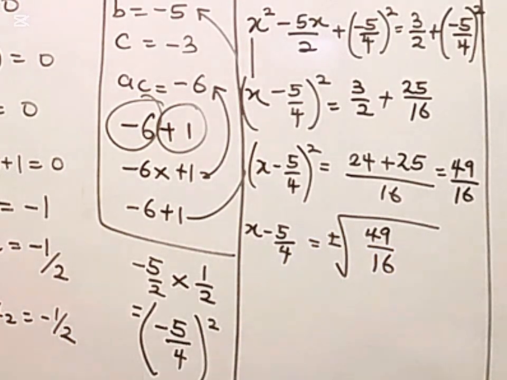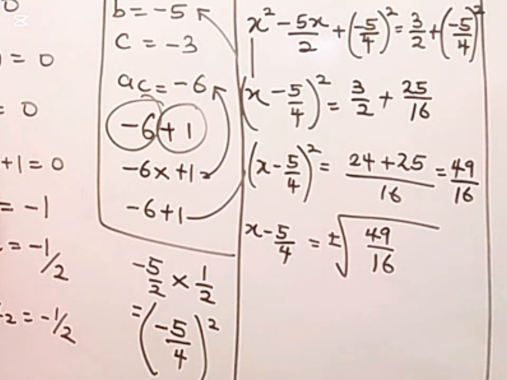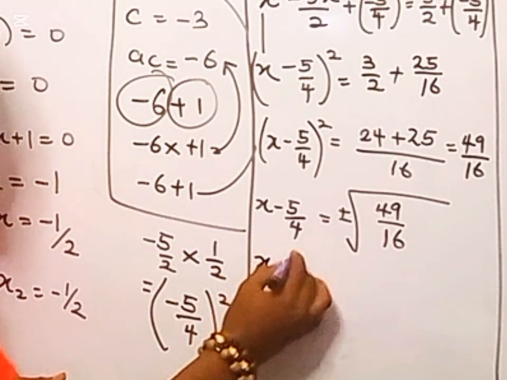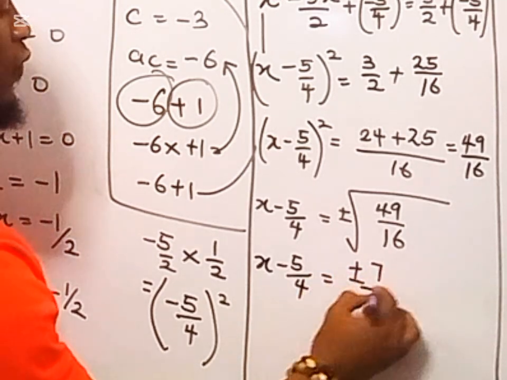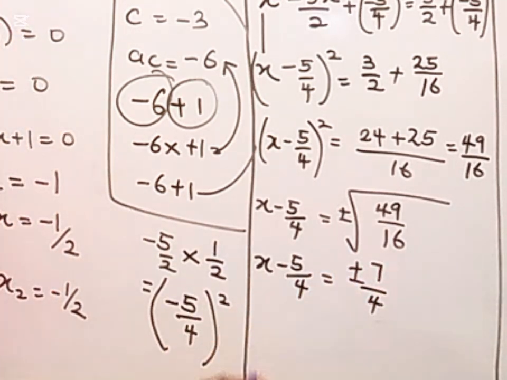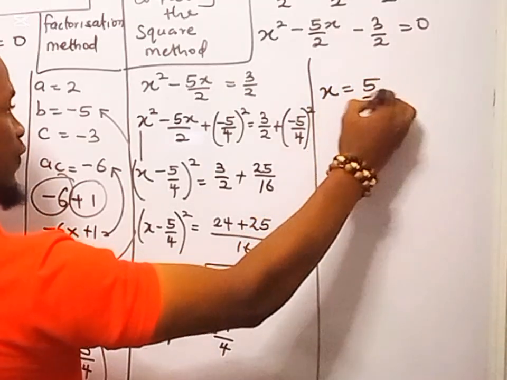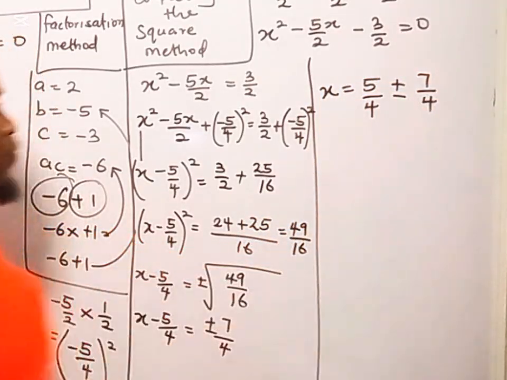So this is the completing the square method, guys. So don't get distracted. This plus or minus, luckily 49 and 16 are both perfect squares, up and down. So we can say that x minus 5 over 4 is what? Plus or minus 7 over 4. So if you collect like terms, you have that x is equal to 5 over 4 plus or minus 7 over 4.